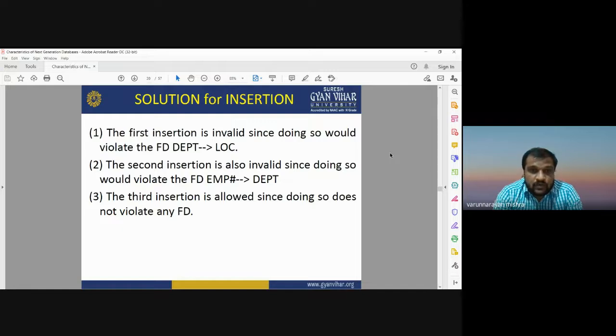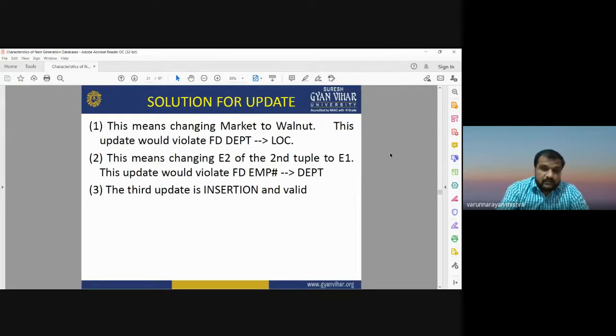The solution for insertion: the first insertion is invalid since doing so would violate the functional dependency, that is department to location. The second insertion is also invalid since doing so would violate the functional dependency, that is employee number to department. The third insertion is allowed since doing so does not violate any functional dependencies.